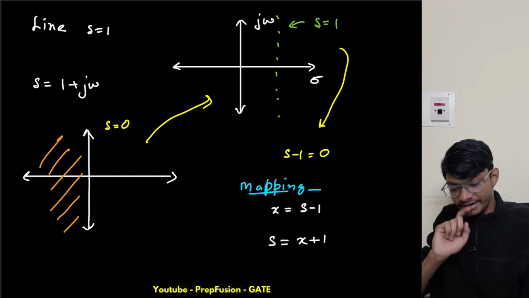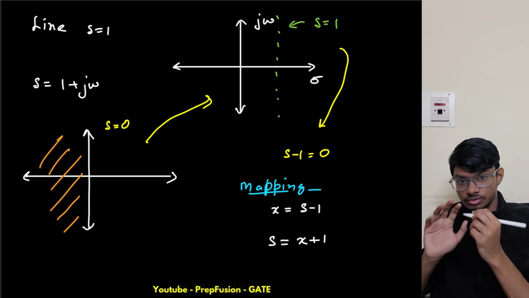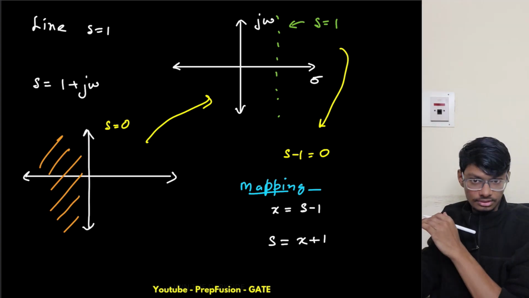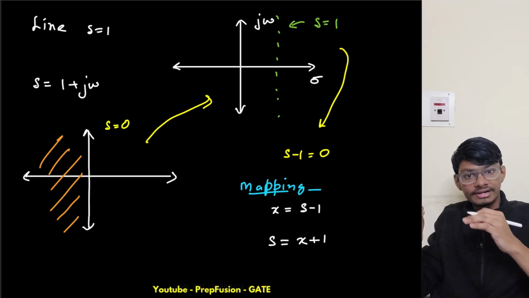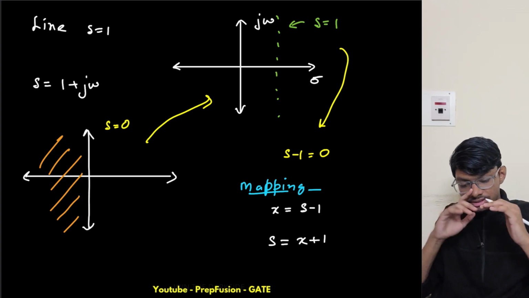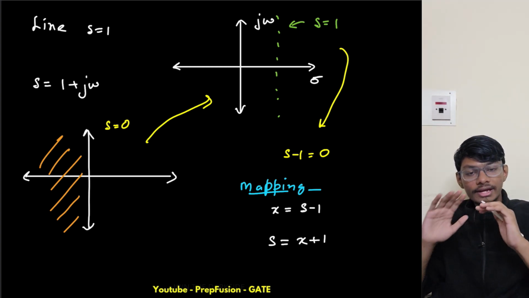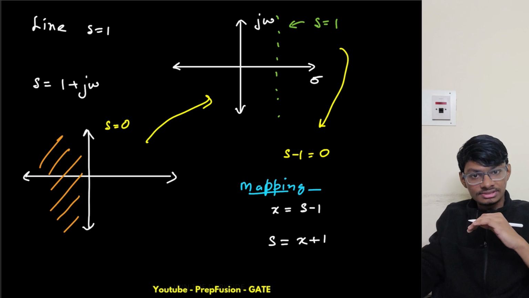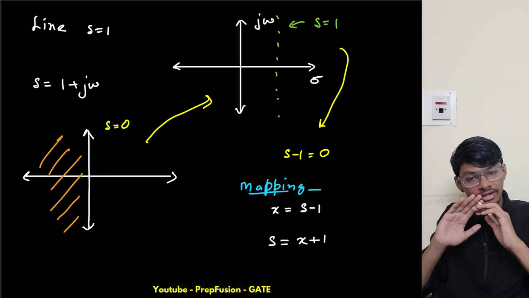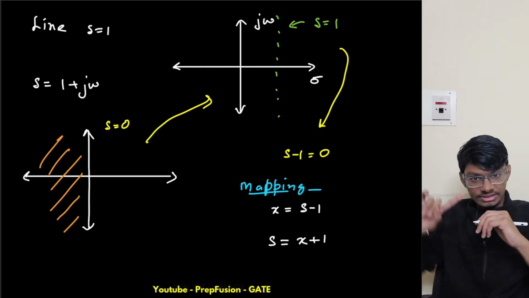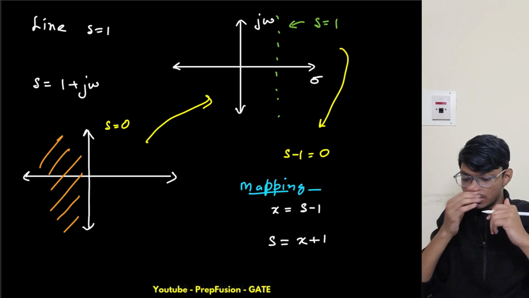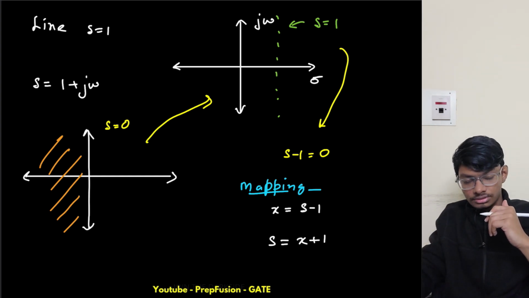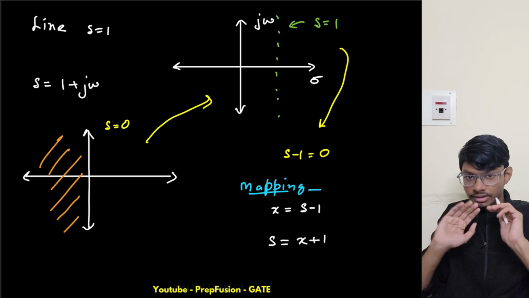I know how to find roots on the left hand side of s equals to 0, or any variable less than 0, because this Routh criteria is applicable for any type of polynomial with coefficients, as I told in the first lecture also. It's not only applicable for this s variable.